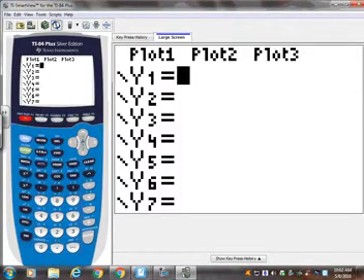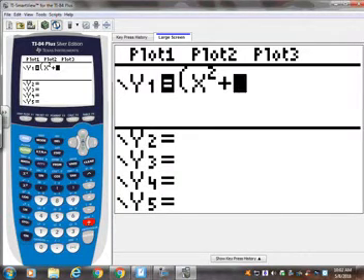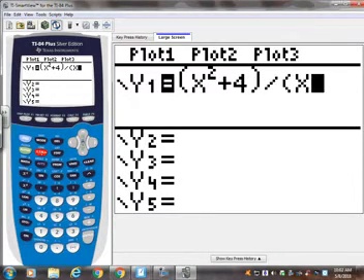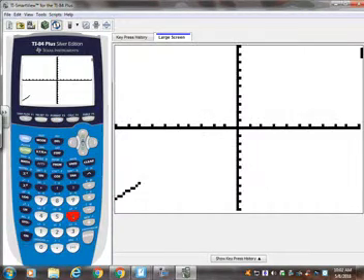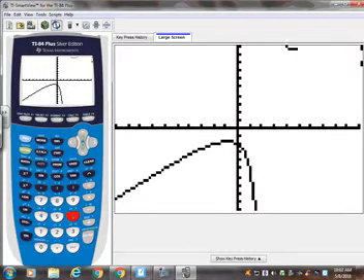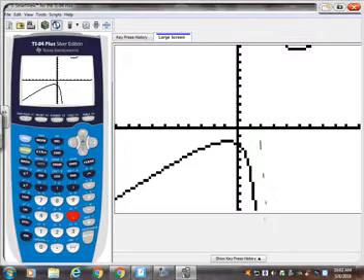I'd go to y equals and I'd type in parentheses x squared plus 4 parentheses divided by parentheses x minus 2 parentheses, zoom 6. So as you can see, there's a vertical asymptote right here, and I can barely see that piece of the graph up there.